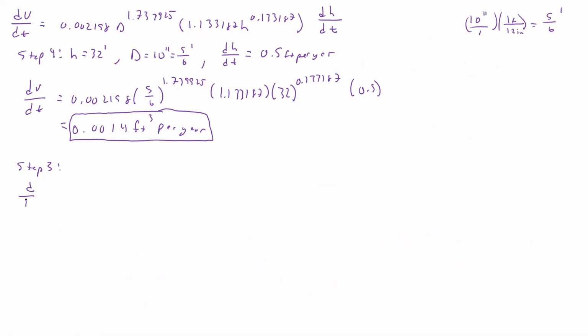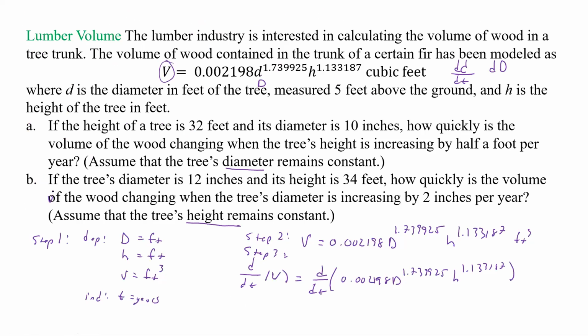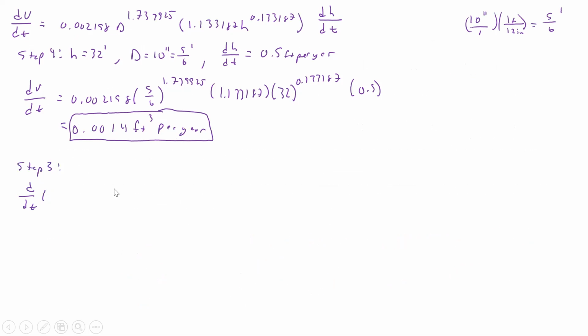So we have d/dt of V is equal to d/dt of 0.002198 D to the 1.739925 H to the 1.133187.